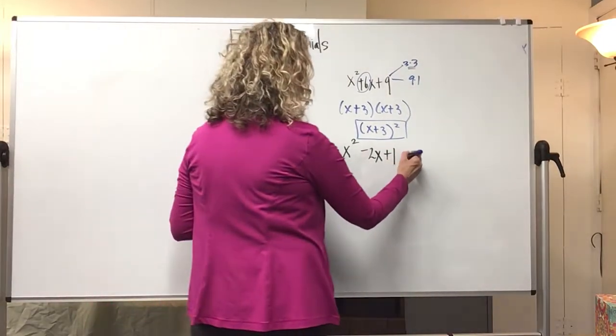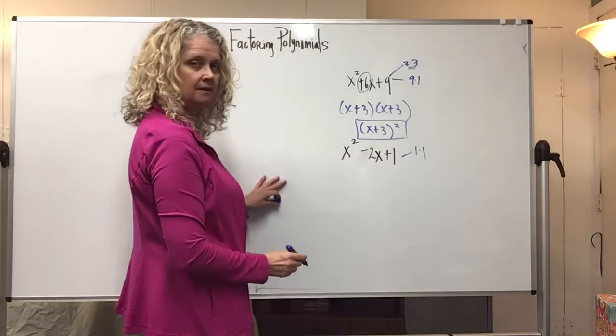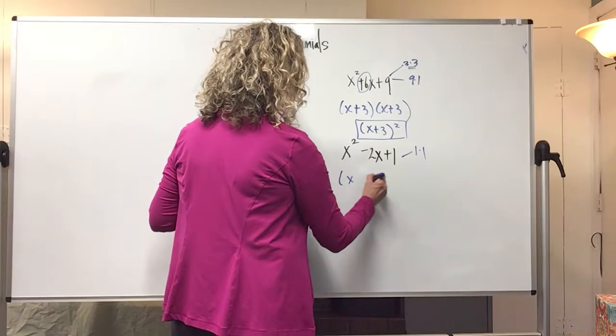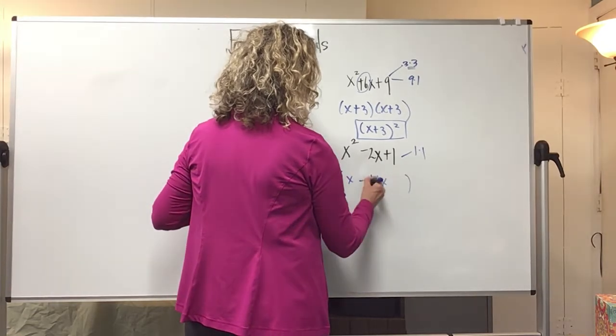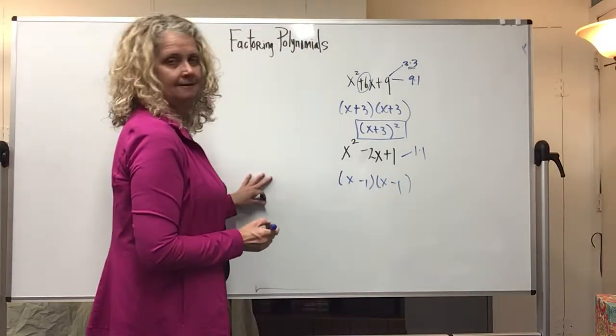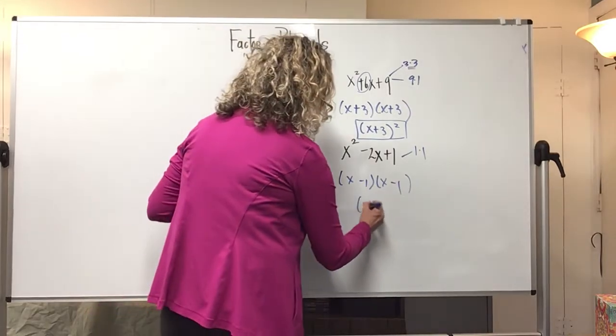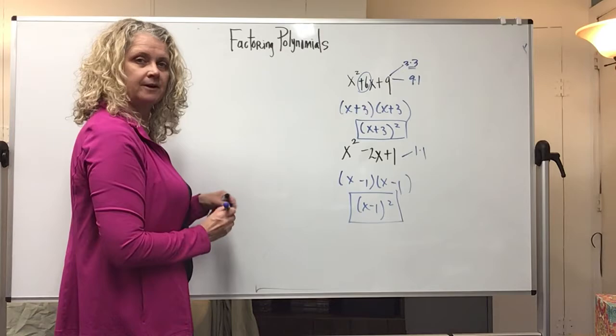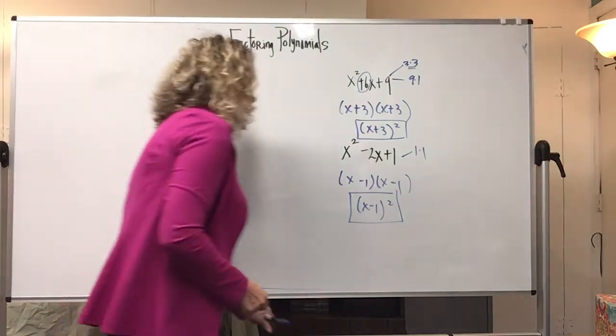And then our last one, this one's easy. 1 times 1 is 1. And notice, negative 1 minus 1 is negative 2. What a coincidence. And so we're going to get the same thing twice. So that's x minus 1 squared. Okay.